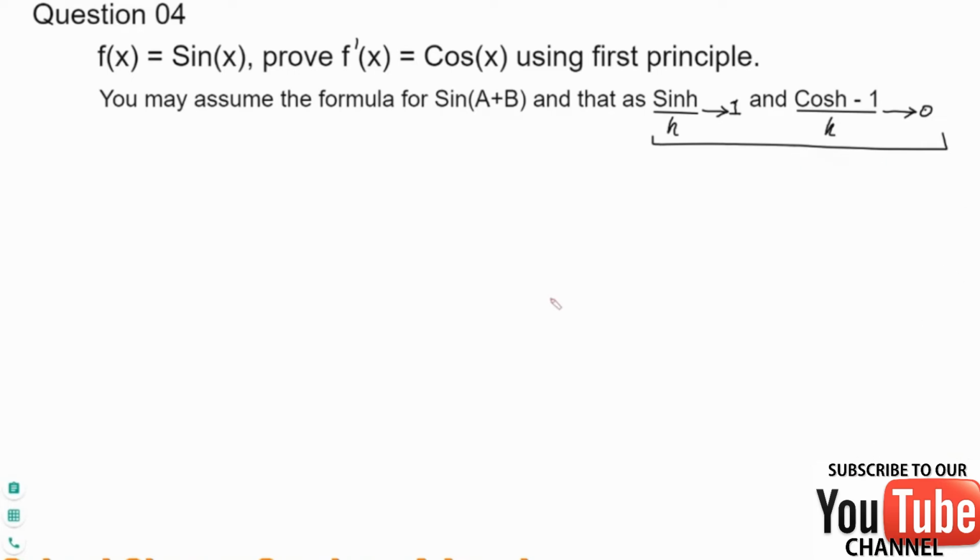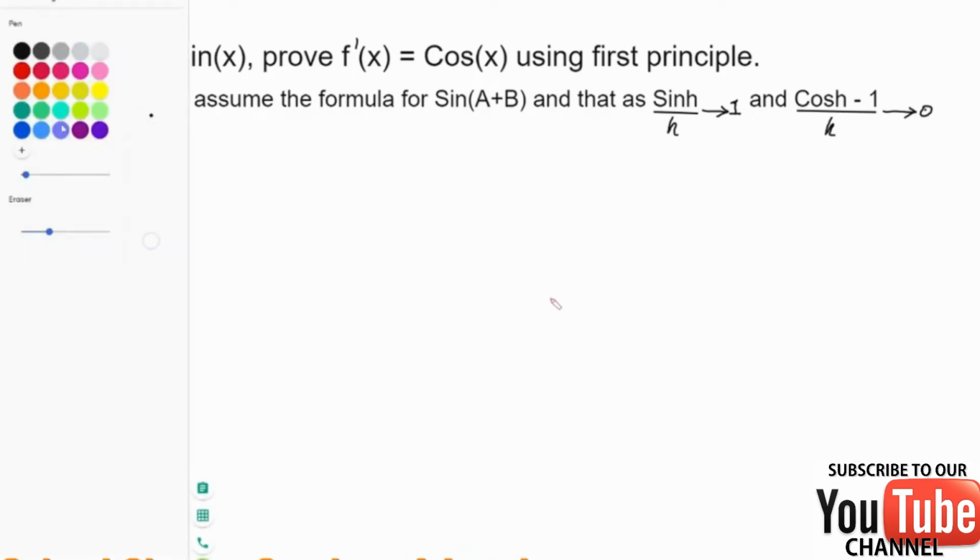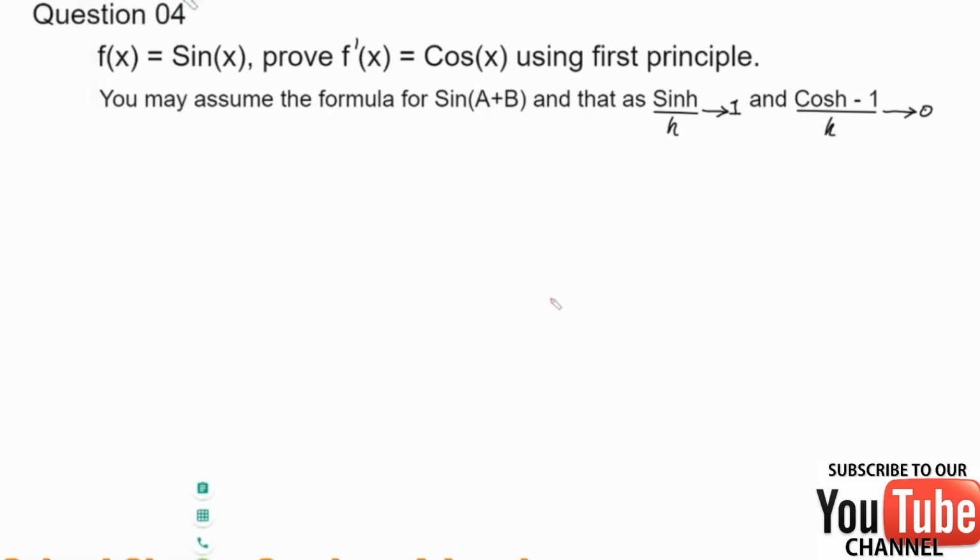So how to do this question? Okay, let me start this one, because most of you, I think, have already studied trigonometry. So let me help you out, right? First of all, what is the first principle? First principle derivative is f dash x equal f of x plus h minus f of x over h, right?